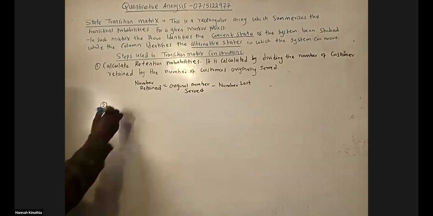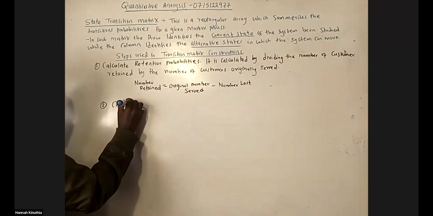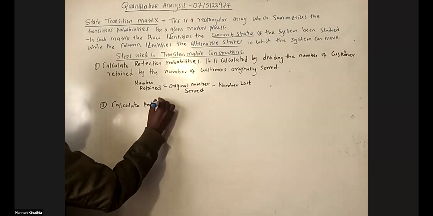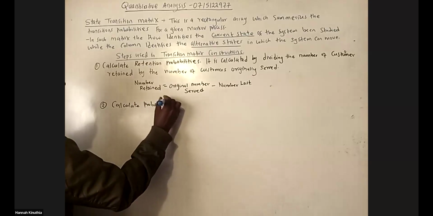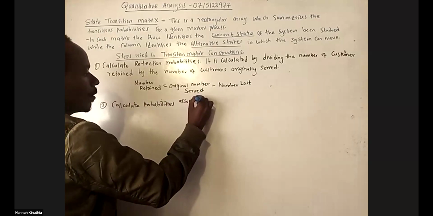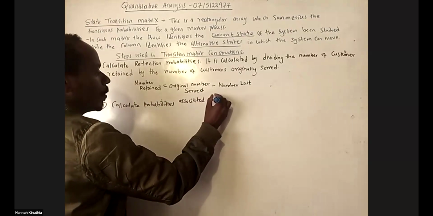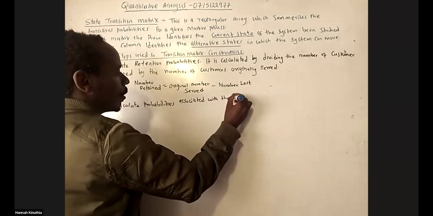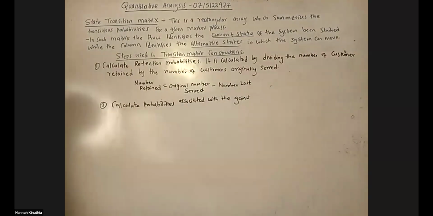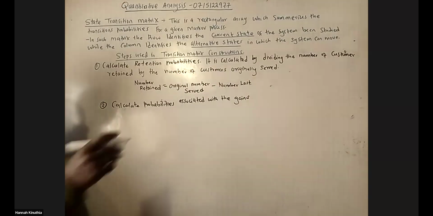Calculate the probabilities associated with the gains. So step number 2: calculate the probabilities associated with the customer gains or losses.